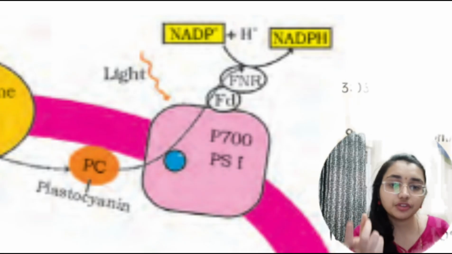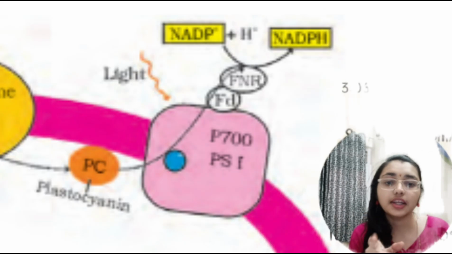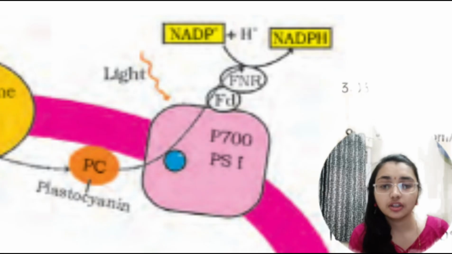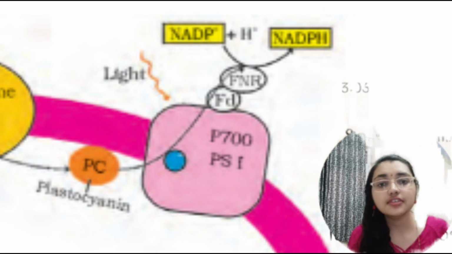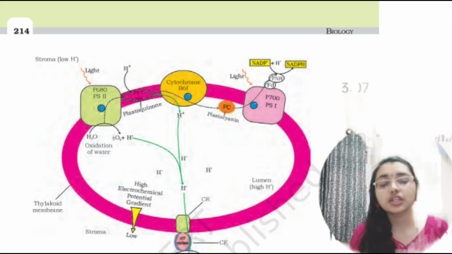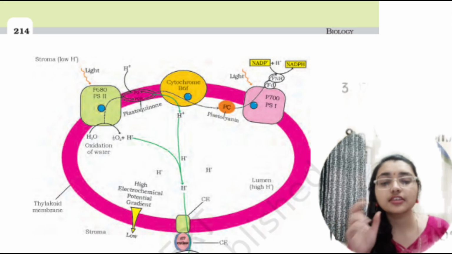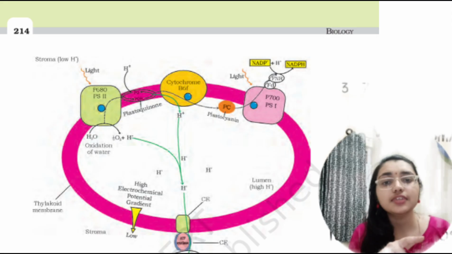It is taking hydrogen from the stroma and reducing NADP to NADPH. Here we can see in this diagram the NADP getting converted into NADPH, and how does this happen? By taking a hydrogen ion out of the stroma, and the difference between the inside, that is the lumen, and the outside, the stroma, becomes even greater.